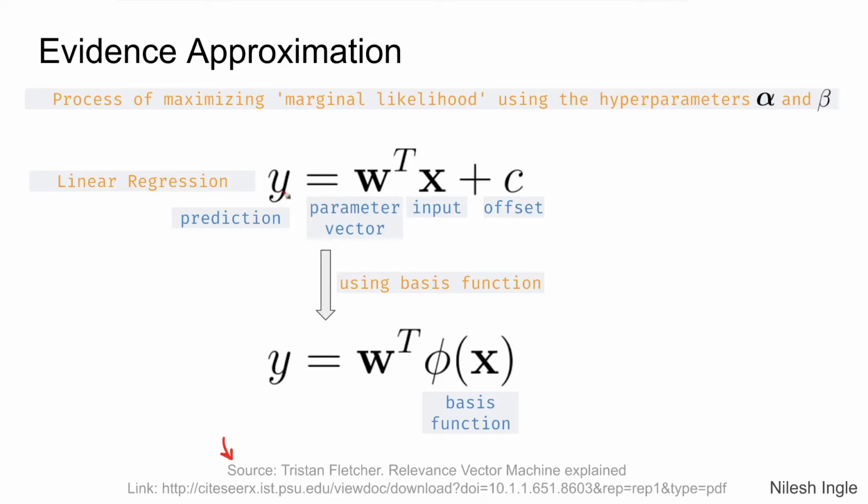Here, what we have is the very first equation for linear regression. We have the predictions y, which is equal to the parameters w transpose x plus c. So c is the offset. Now we can write this equation in this form with basis functions. So the value of c is included in the basis function right here.